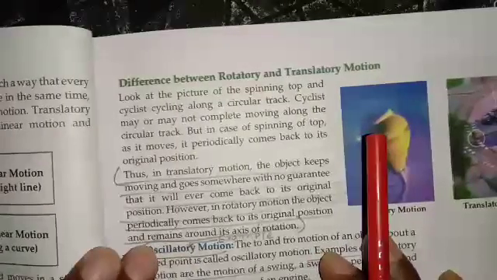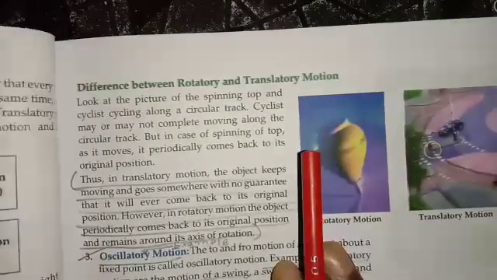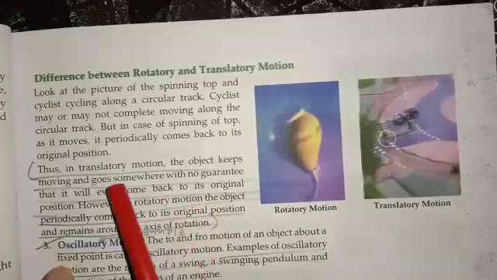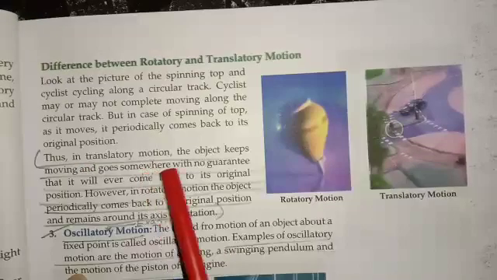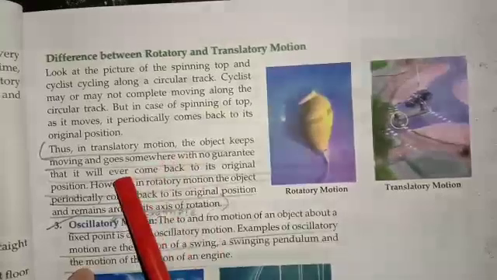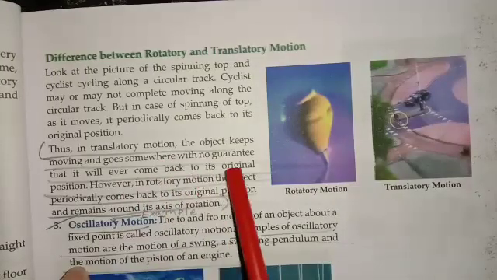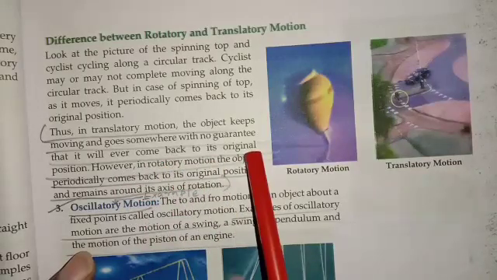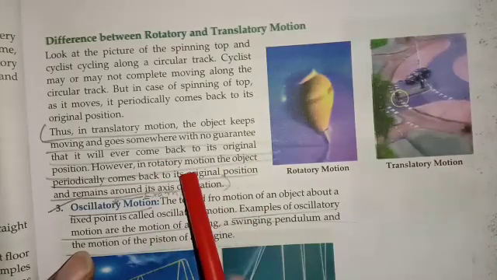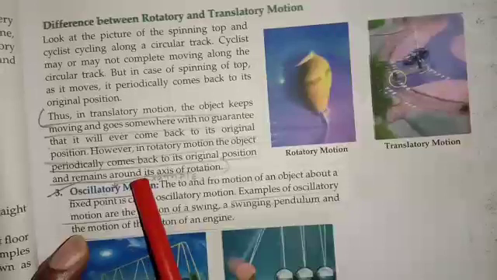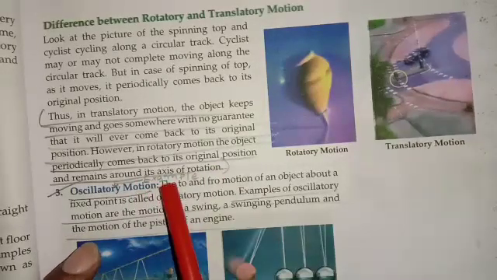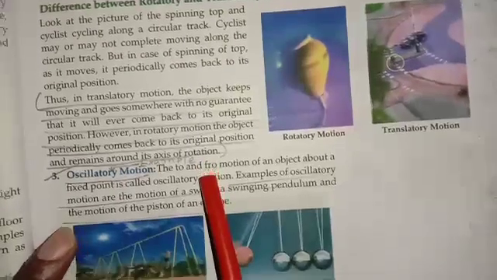Now come to the difference between rotatory motion and translatory motion. In translatory motion, the object keeps moving and goes somewhere with no guarantee that it will ever come back to its original position. However, in rotatory motion, the object periodically comes back to its original position and remains around its axis of rotation.